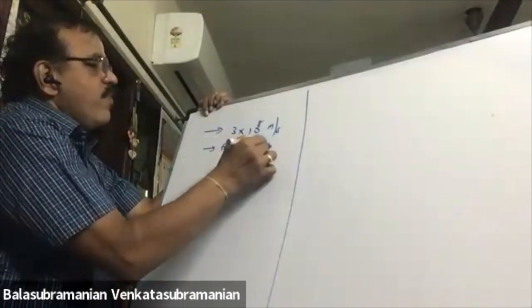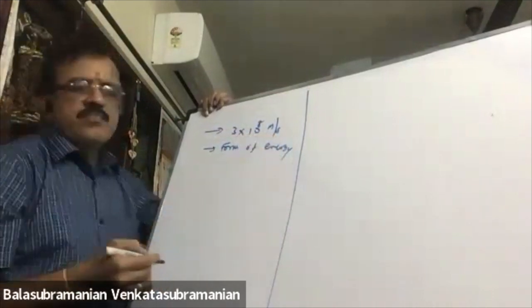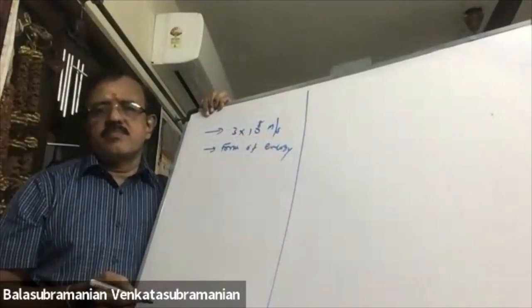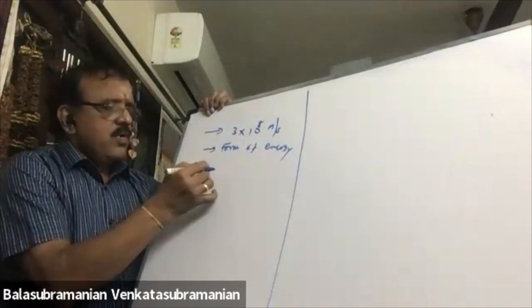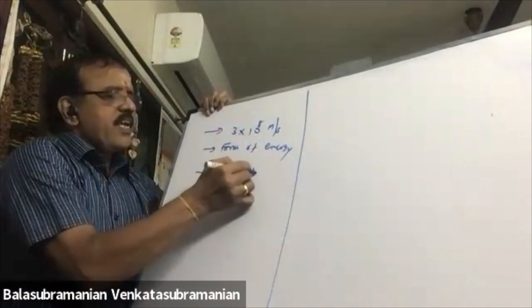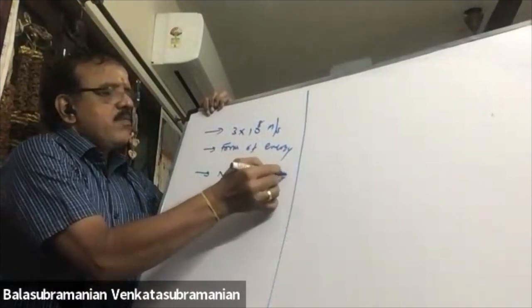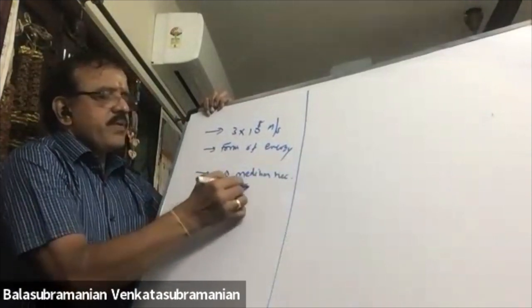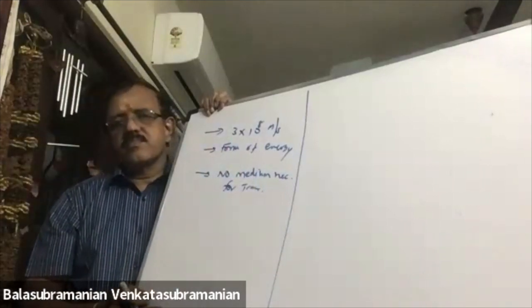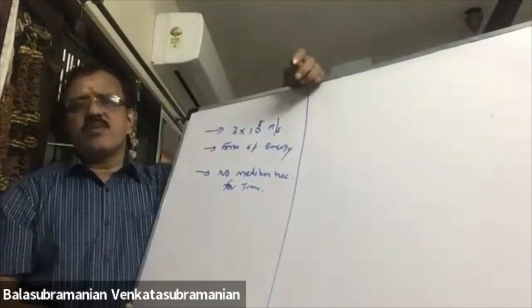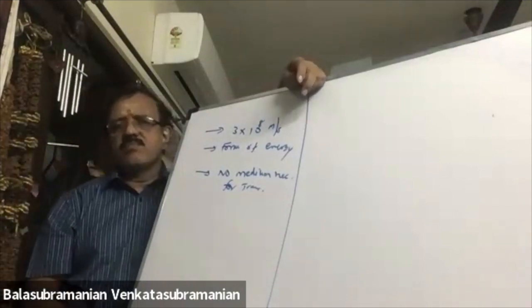Light is a form of energy. No medium is necessary for transmission. It can travel in vacuum itself. No medium is necessary at all.